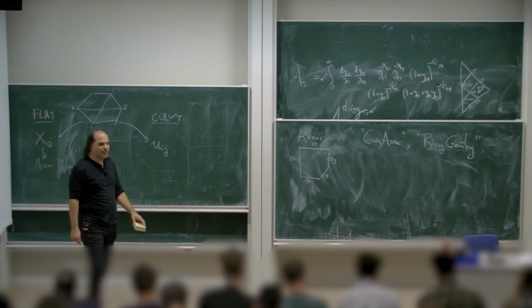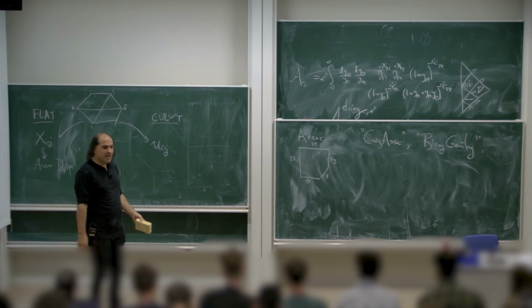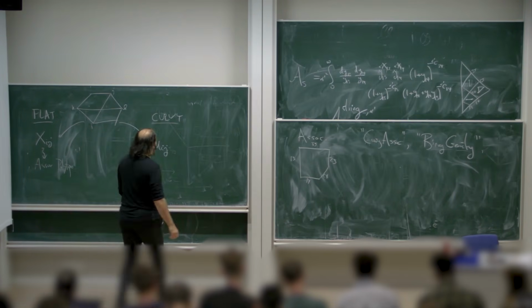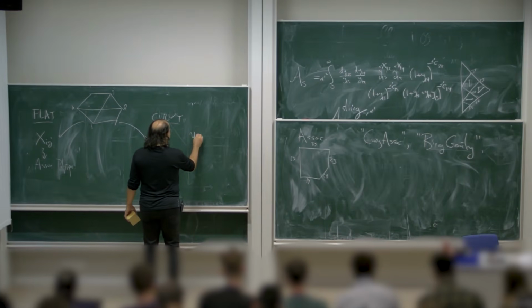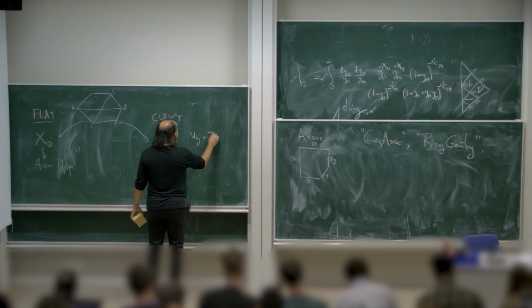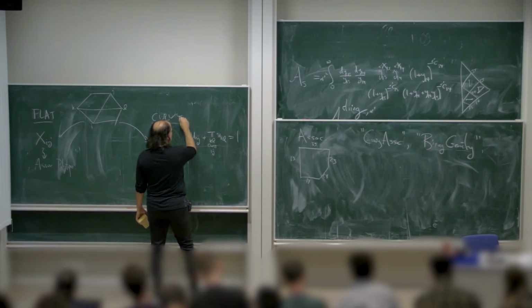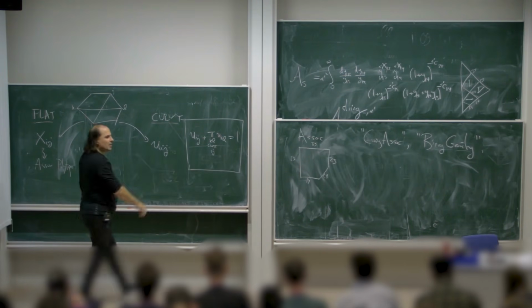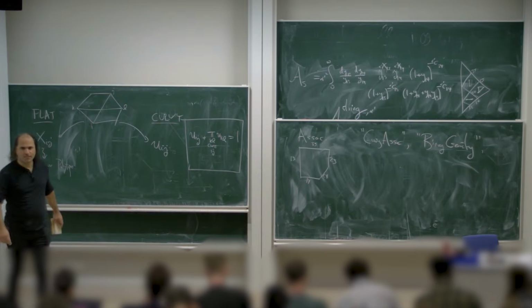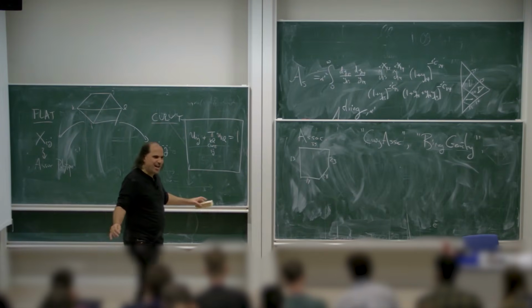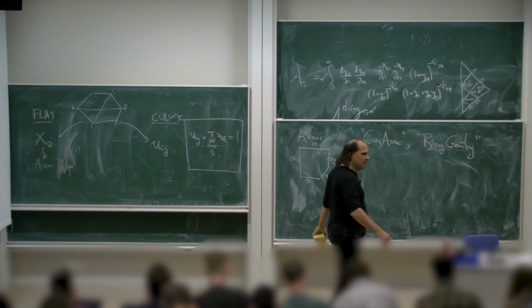Instead, these uij's are going to satisfy the following set of very interesting nonlinear equations: uij plus the product over all chords kl of ukl equals 1. Now I'm just writing these equations down. Again, we'll understand better where these things come from.